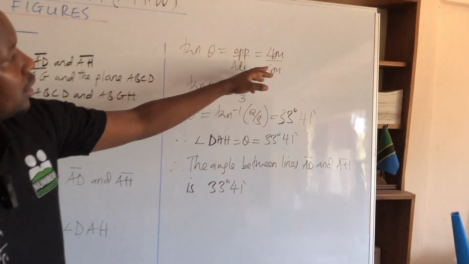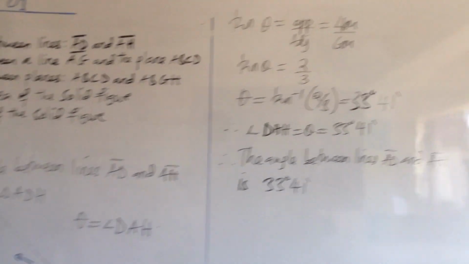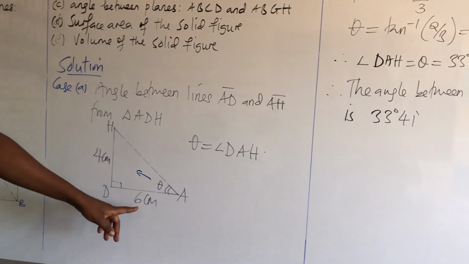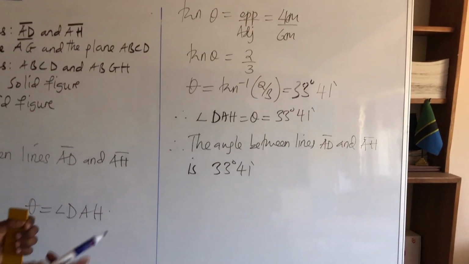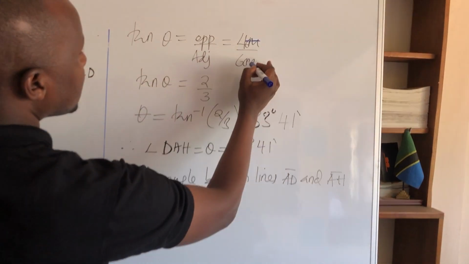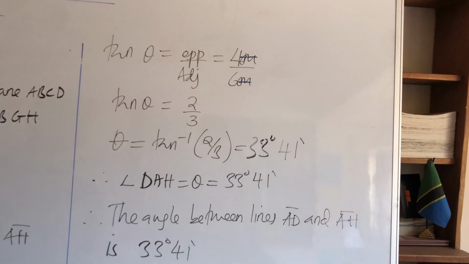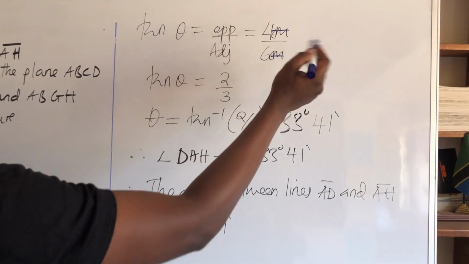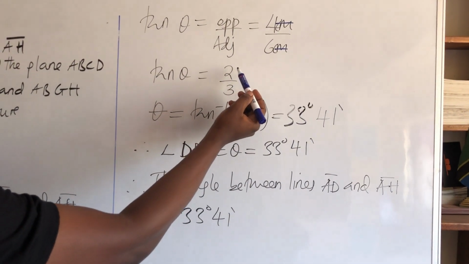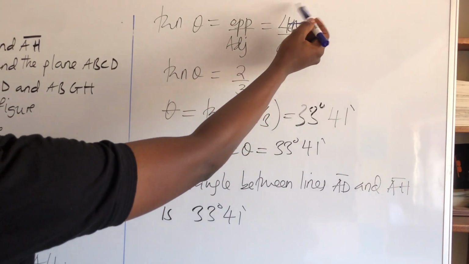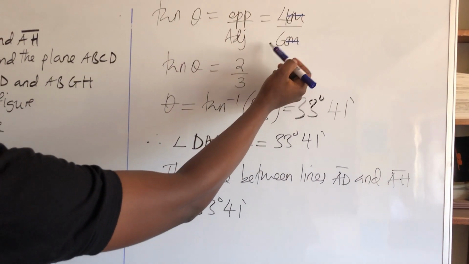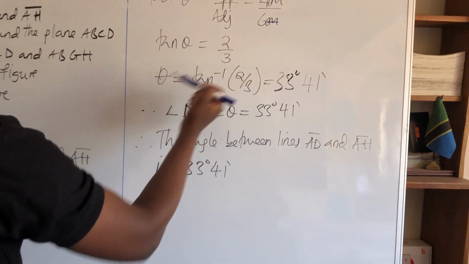The opposite side is 4 centimeter, and the adjacent side is 6 centimeter, as observed there. We cancel out centimeter and centimeter, because these are ratios comparing the same quantities, so the units cancel out. We remain with 2/3 after simplifying with the factor 2. By 2, from 4 we get 2, and 6 divided by 2 we get 3.